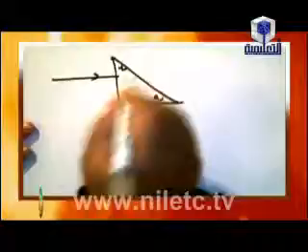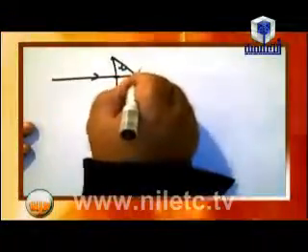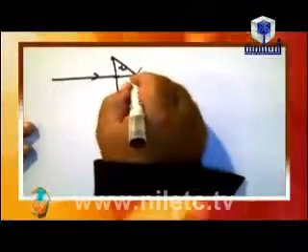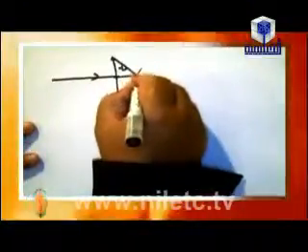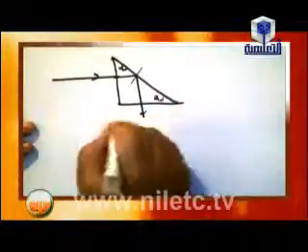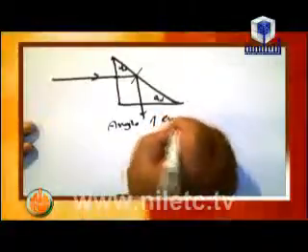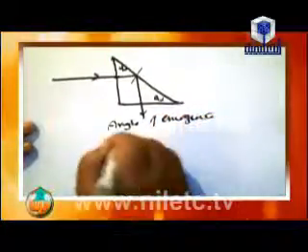It means the angle of incidence equals 0, and the angle will be more than the critical angle. The ray will be totally reflected, and the angle of emergence will be 0.